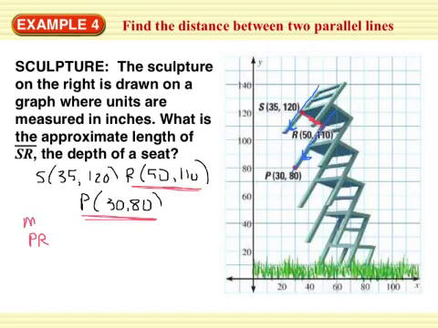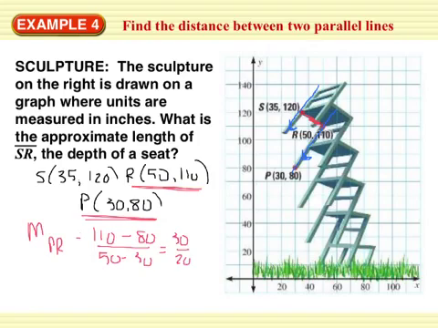So I want the slope of this leg. 110 minus 80 is 30. 50 minus 30 is 20. My slope is 3/2.